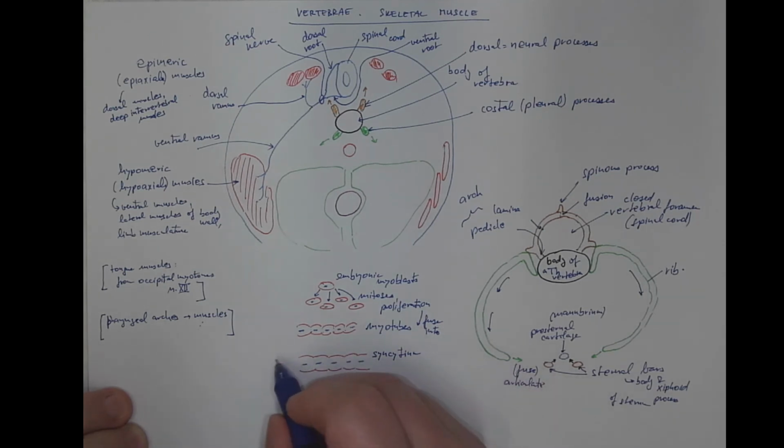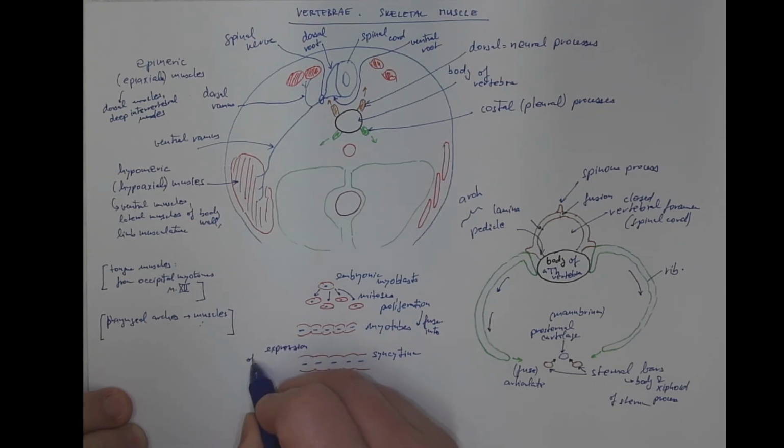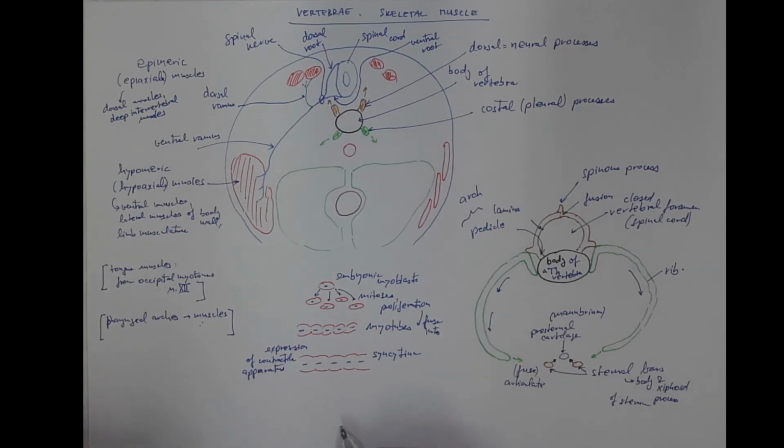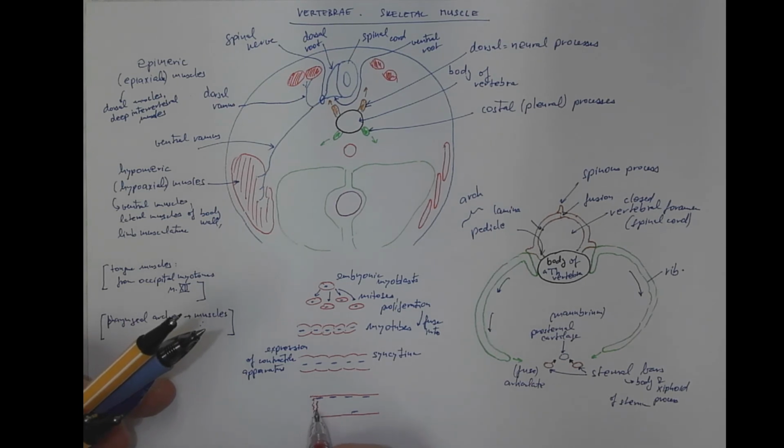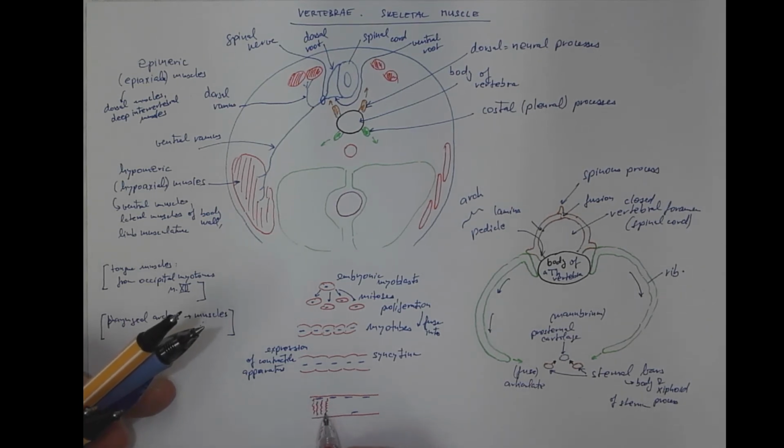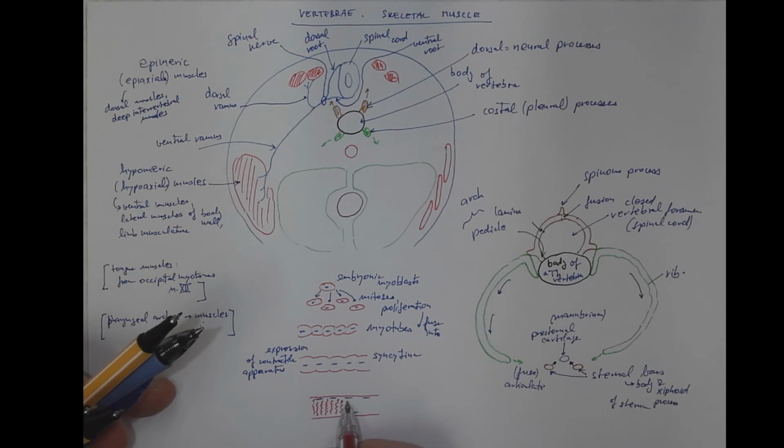There will be expression of contractile apparatus, thus resulting in a mature skeletal muscle fiber, finally, which has the nuclei below the sarcolemma, and most of the sarcoplasm is occupied by the contractile apparatus, organized into sarcomeres.